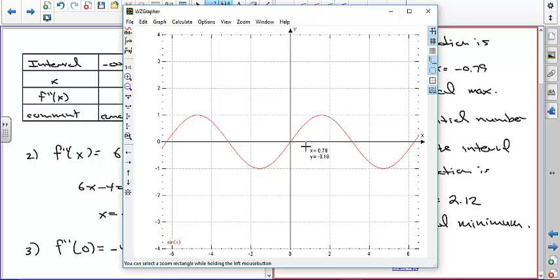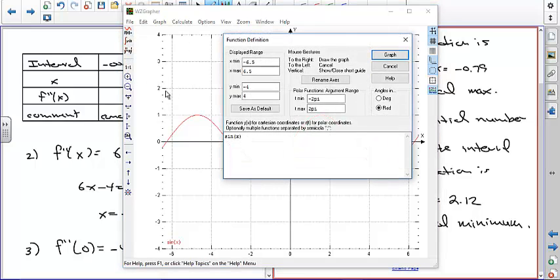But you can also look at the acceleration of the object by looking at the concavity of the position curve. So you don't have to actually look at the velocity curve. You can just look at the position versus time curve and make some comments about acceleration. If this is the position, then the velocity is going to be the derivative.